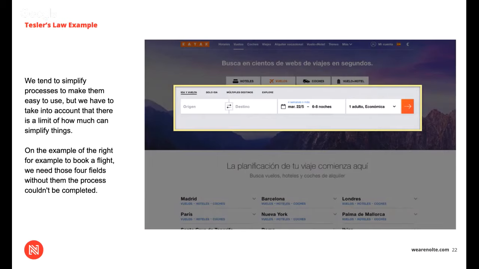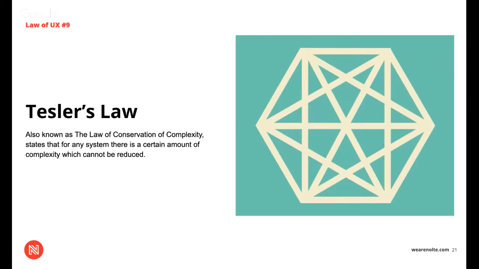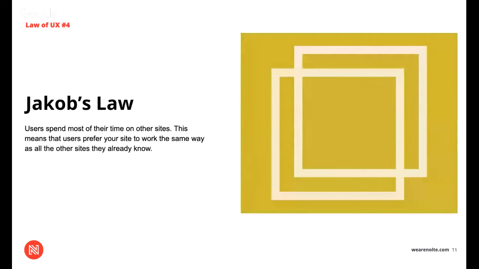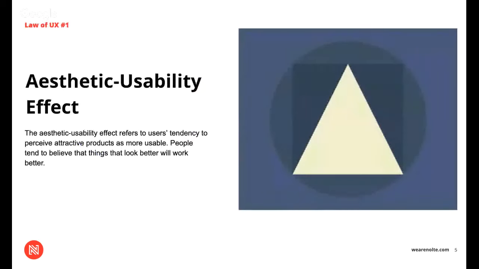So Oscar says, do you think the Jakob Nielsen advices are still useful these days? Do you have some book recommendations to get deep into this? And yes, Jakob Nielsen advices are still useful these days. I don't know if I mentioned that Jakob's Law is based on Jakob Nielsen, and the aesthetic-usability effect is from the Jakob Nielsen Group website.